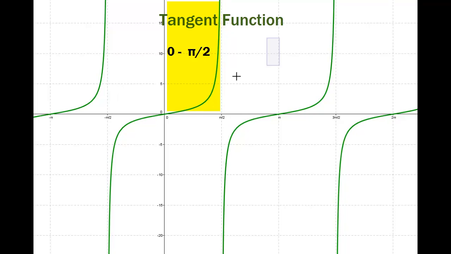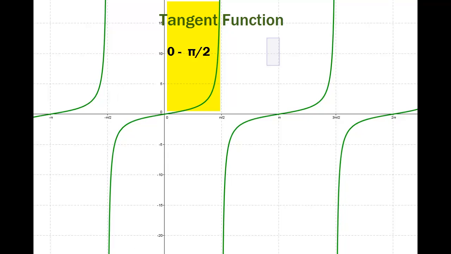In fact, at pi over 2, it has a vertical asymptote, because as it approaches 90 degrees or pi over 2 radians, the sine over the cosine becomes very, very high, because the cosine approaches and then gets to 0. Once the cosine is 0 at pi over 2, we have 1 divided by 0, so it becomes an undefined value. And then that pattern repeats itself.